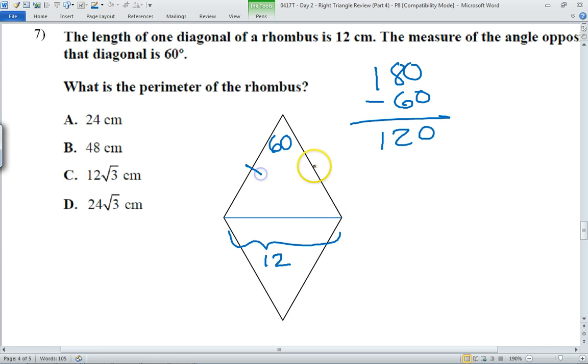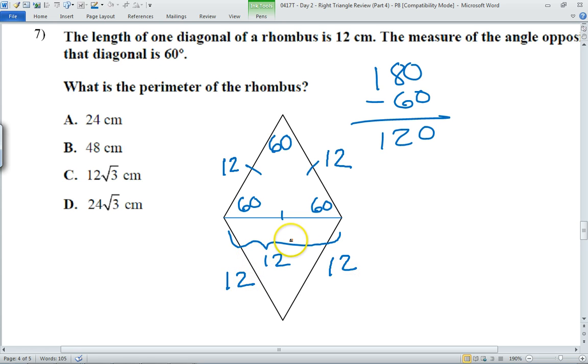I know it's equally because this is isosceles, because it's a rhombus, which has all the sides the same. And if I share it equally, then I find that they're all 60. So if the angles are all 60, that means the sides are all the same also. Which means if this is 12 down here at the bottom, all the sides are 12. So this is 12, this is 12, this is 12, and this is 12.